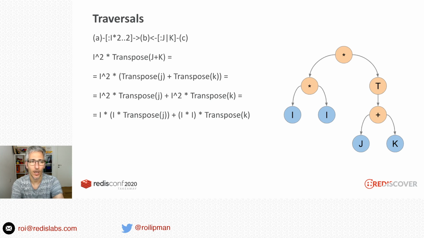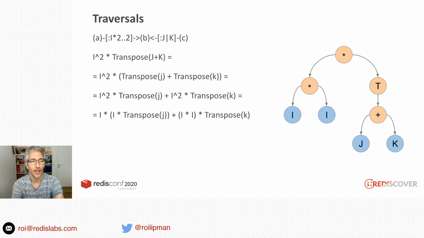And so we can apply the matrix addition and multiplication rules and expand this expression. So we can move the transpose in and apply the transpose to the individual operands within this summation.